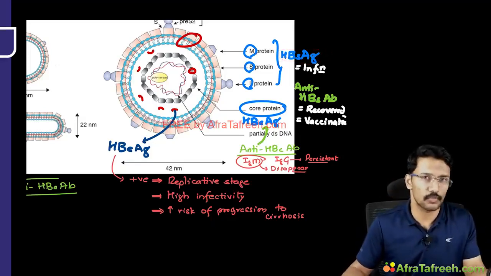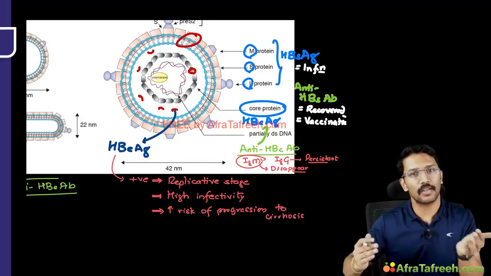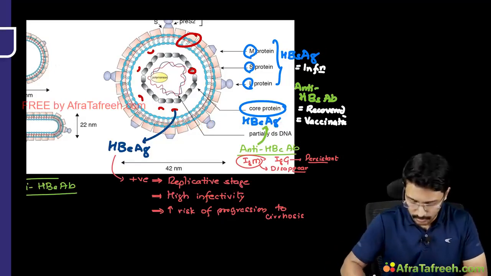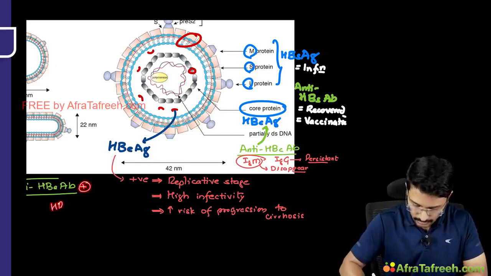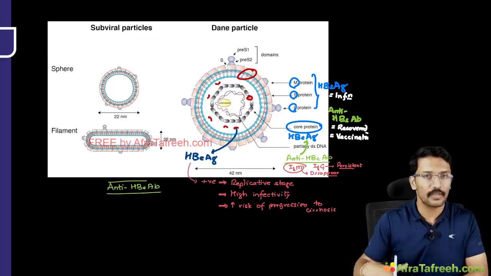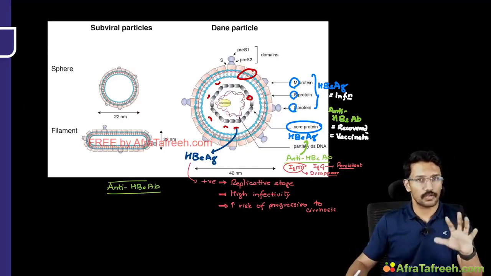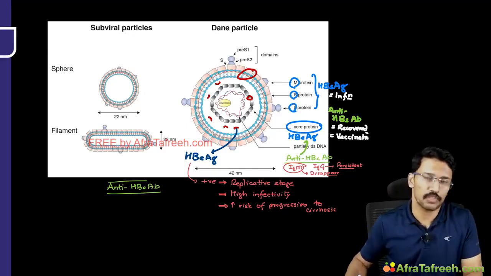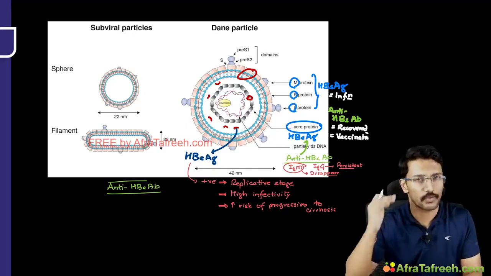Okay, so what does that point towards? It points towards an inactive carrier stage, right? So anti-HBe positive and HBsAg positive, both positive, indicates an inactive carrier state, right? Okay, so a lot of these profile based questions or serology profile based questions are possible. So do solve some MCQs, you will get a knack of it.